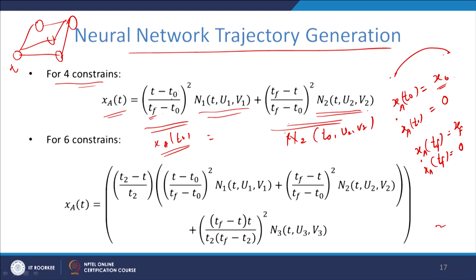In the second term, the value of the output is 0 when we differentiate, xa dot at t naught is 0. Now, after differentiating 2 times, this bracket multiplied by the neural network, and then when we substitute t equal to t naught, we will get some constant value multiplied by the neural network.